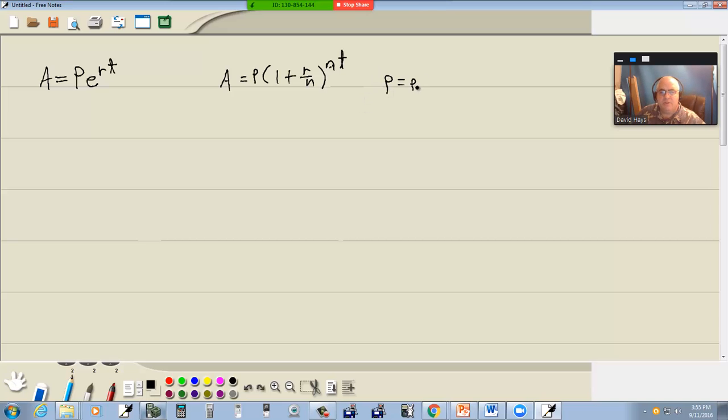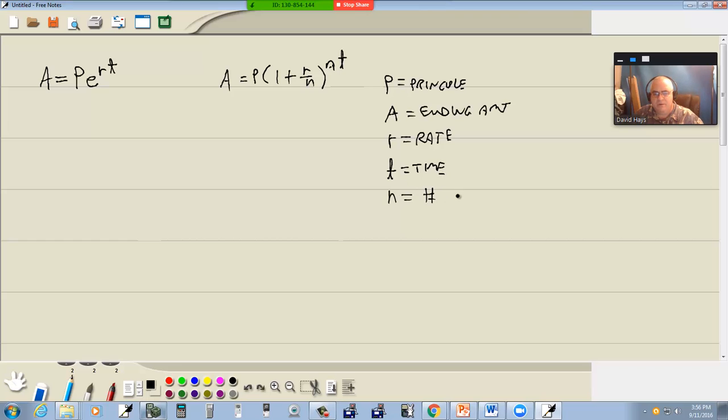Now P is our principal. A is our ending amount. R is our rate, and rate is in decimal form. T is our time, and that's in years.